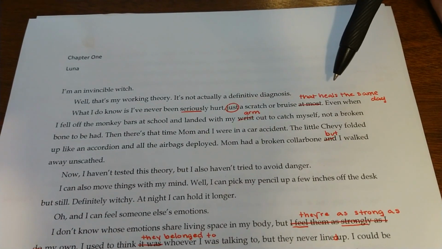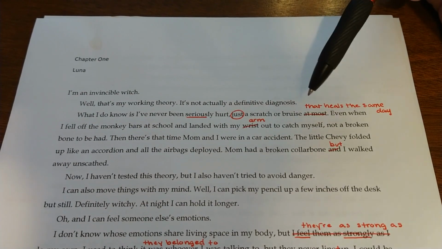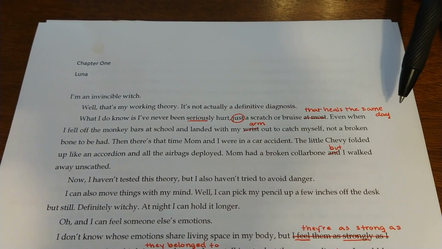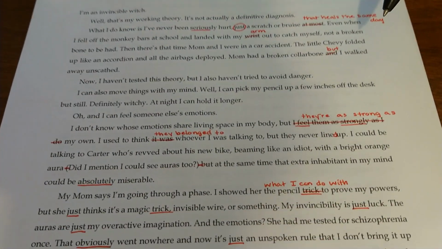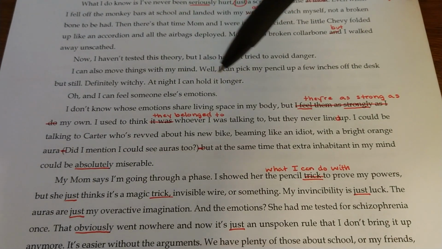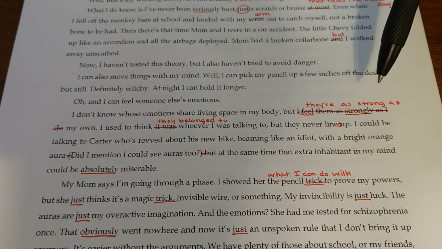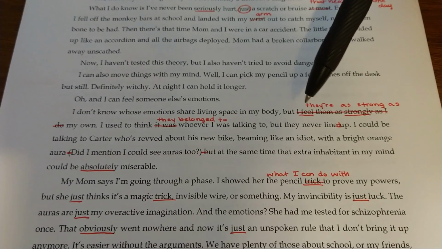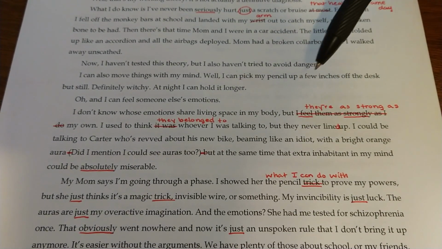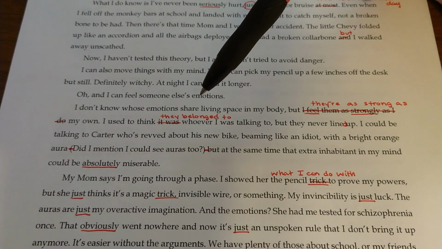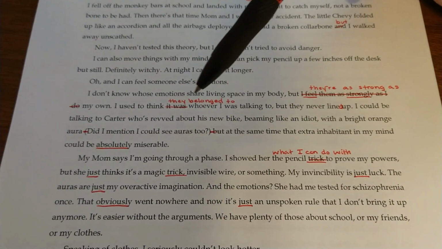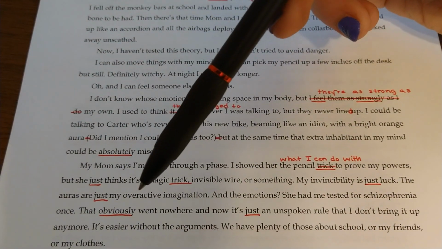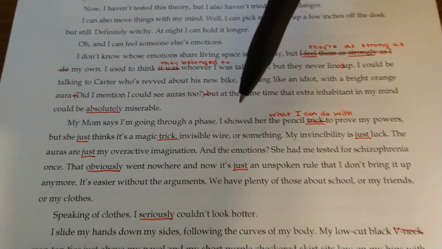So let's see here. Adverb, just. I rearranged this sentence a little bit to make it more clear. Down here, again, I was trying to take out some of the 'I feel' and an adverb, so I rearranged it, making it more clear. Like I said, I use a lot of 'justs,' a lot of adverbs.